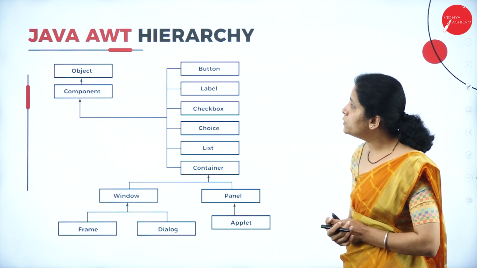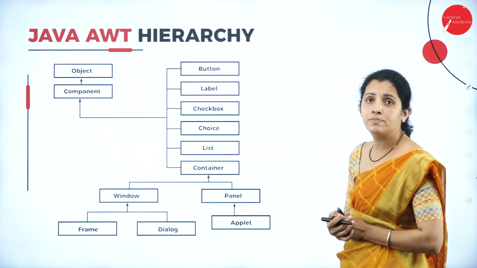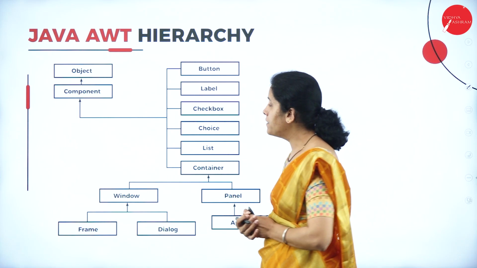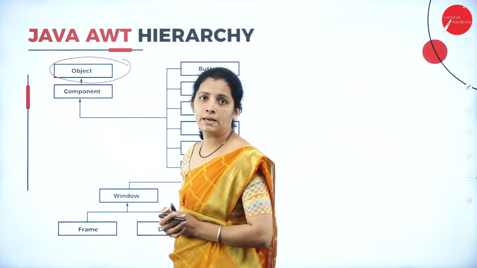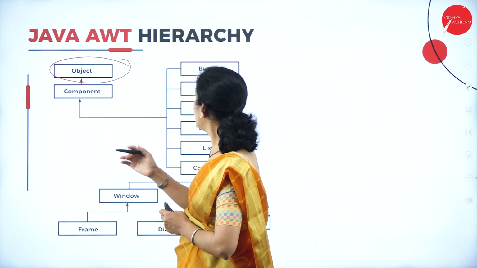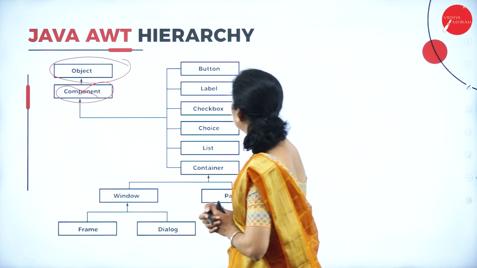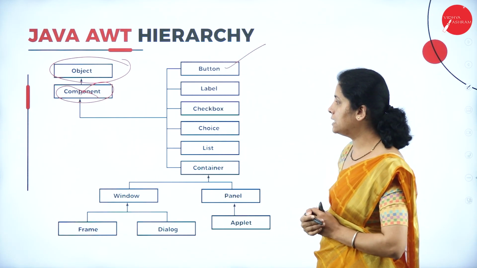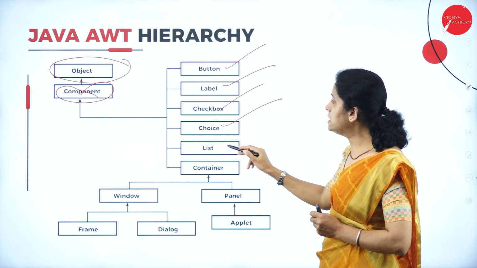Now, let me consider the hierarchy of the Java Abstract Windowing Toolkit. See here, object is at the top, and it includes component. And what are the components I can have? That is button, label, checkbox, choice, list.